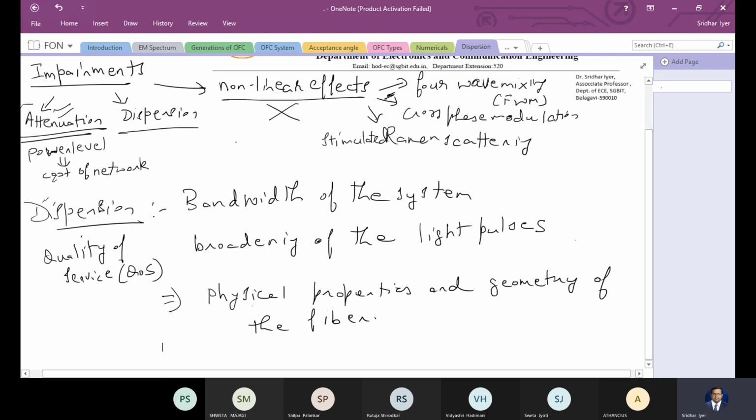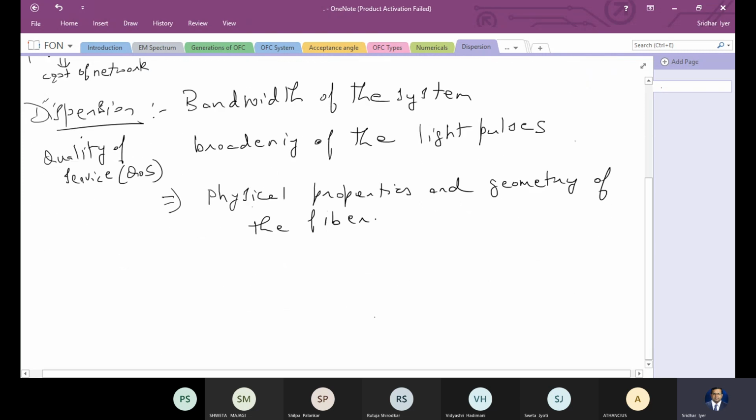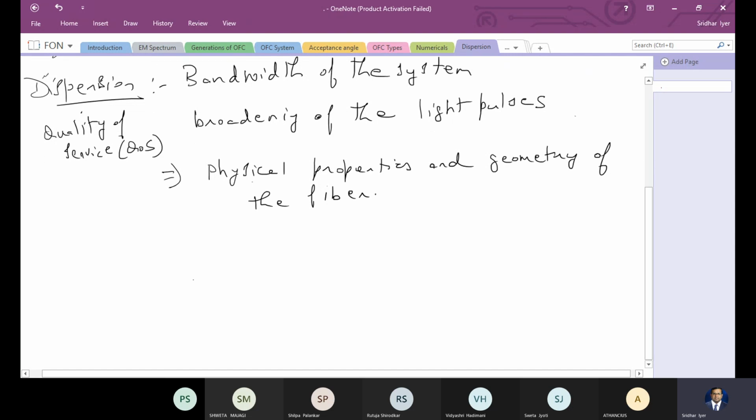Okay, and this you cannot change, because once the fiber is made, it is made. So we cannot be changing the geometry of the fiber or the physical properties of the fiber. So how does this dispersion look like visually, right? So this is what is going to happen. I've drawn this diagram before, but just for completeness, I'll draw again.